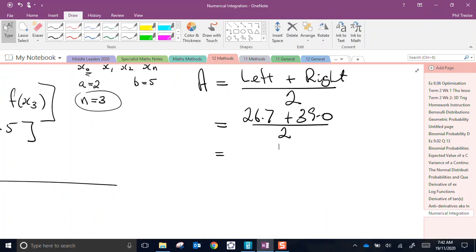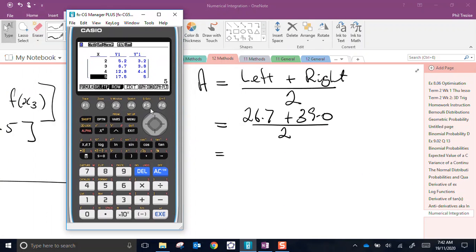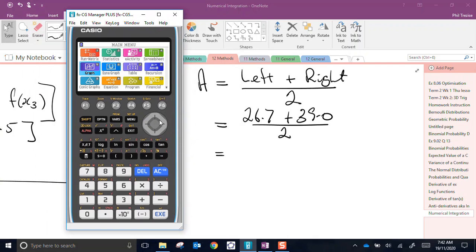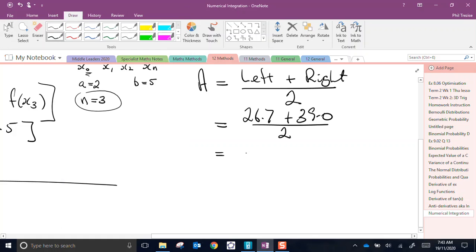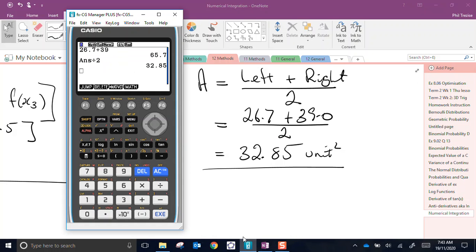I don't trust my head to do that one, so let's go to the calculator. 26.7 plus 39, all divided by 2, and we get 32.85 square units.